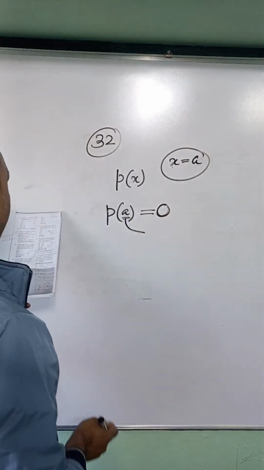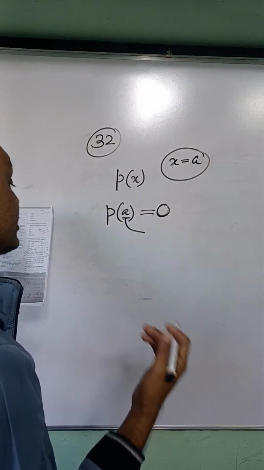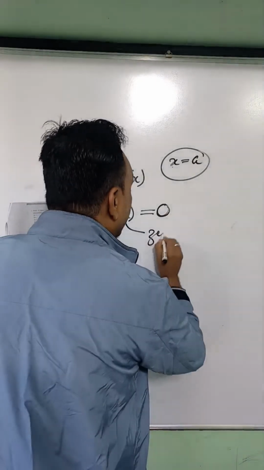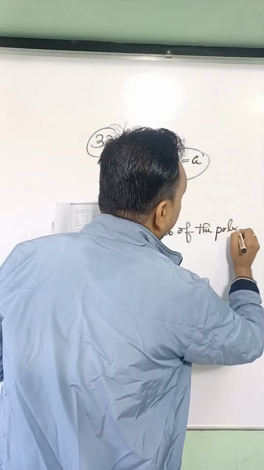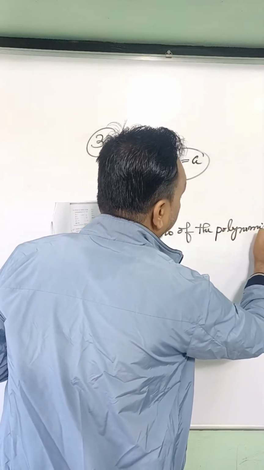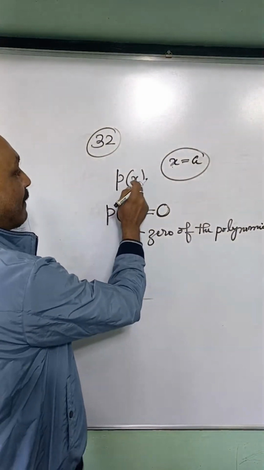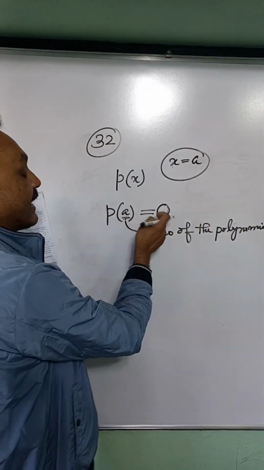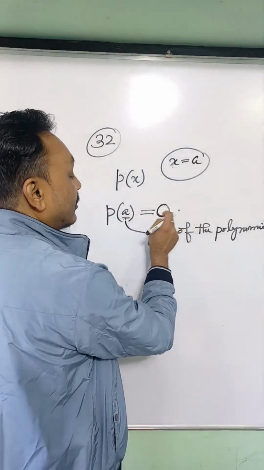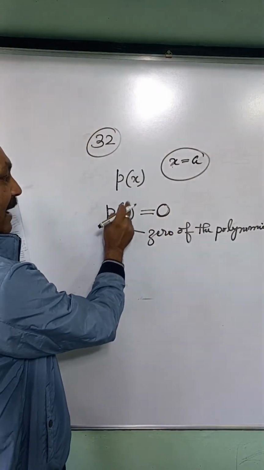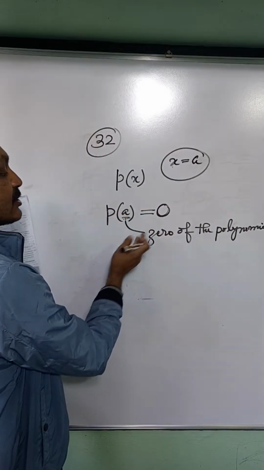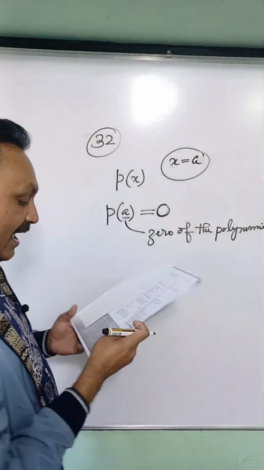This is called the zero of the polynomial. So a is called the zero of the polynomial.